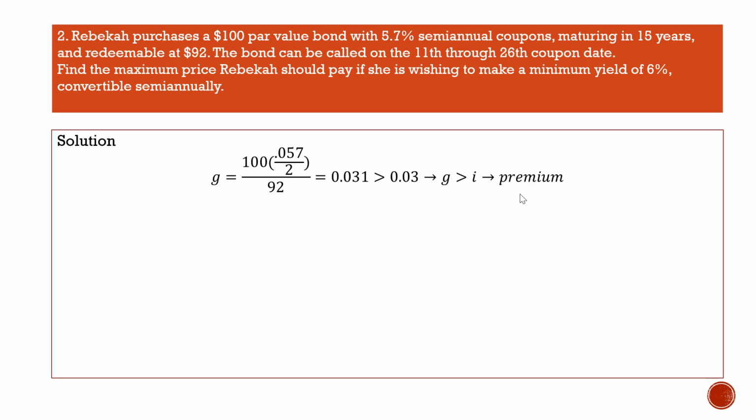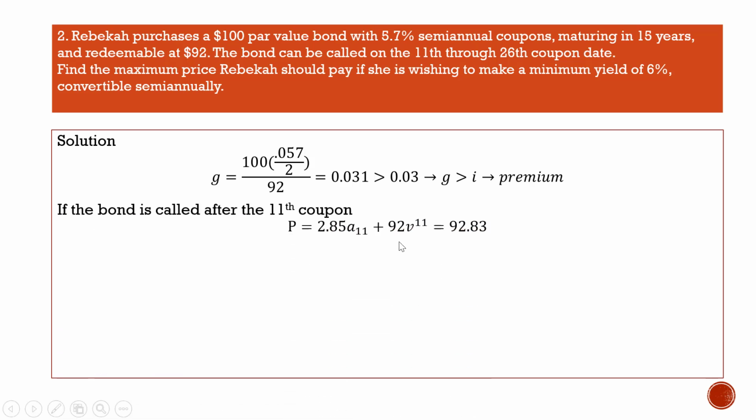So for premium bond, the earliest is the worst. We mean the earlier time you buy the bond, the more price you have to pay. So the maximum price should be at time after 11 coupons. So the maximum price is 2.85 a_angle 11 plus 92 v^11 at 3%.